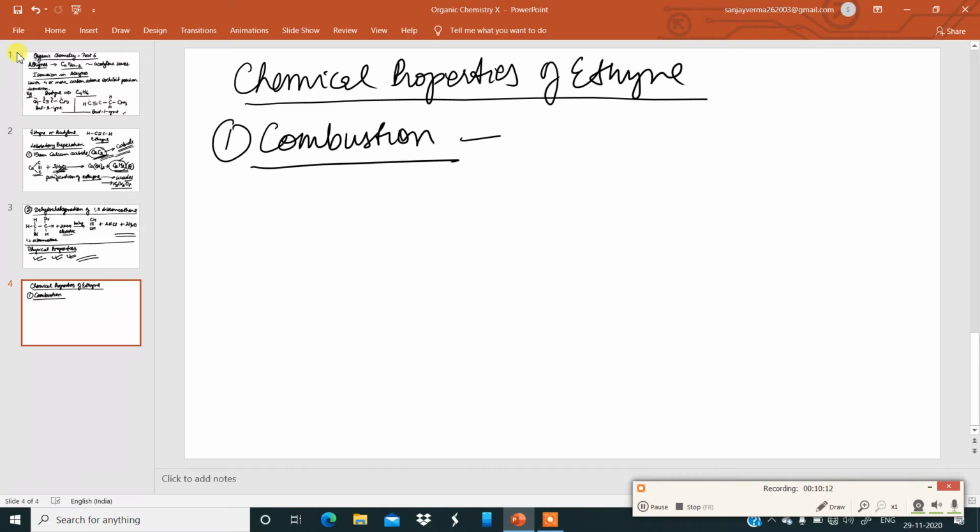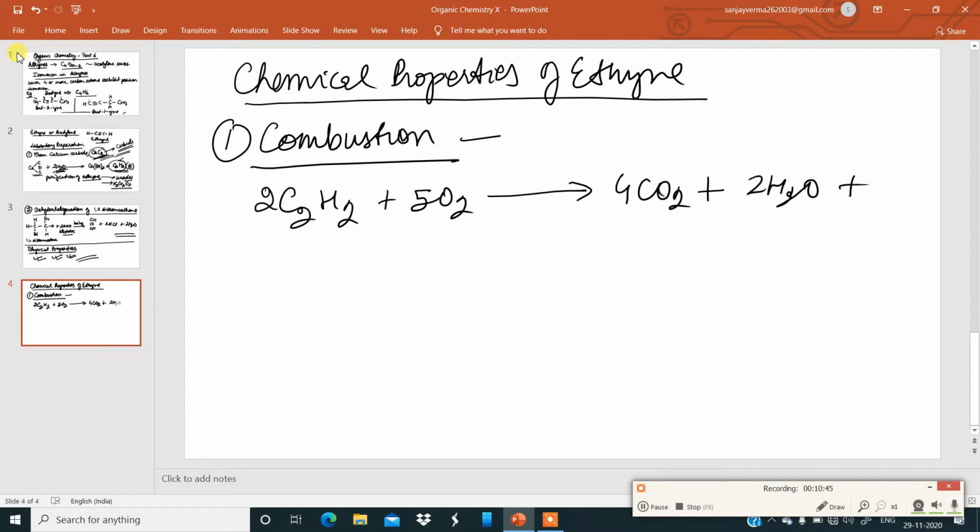Now remember, ethyne burns in air with a luminous sooty flame to form carbon dioxide and water, liberating a large amount of heat, which means the reaction is exothermic. So, the equation is necessary over here. 2C2H2 plus 5O2, okay, it forms carbon dioxide and water vapor plus heat. Heat is given out, okay.